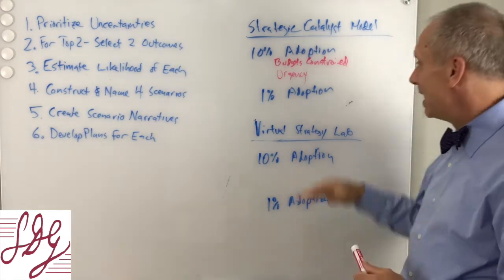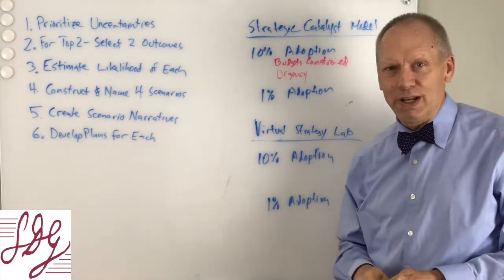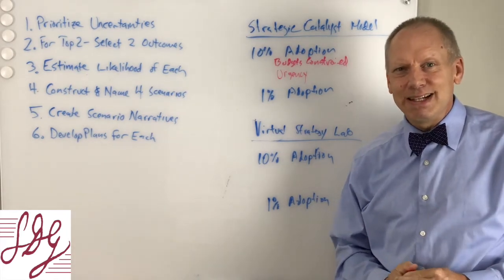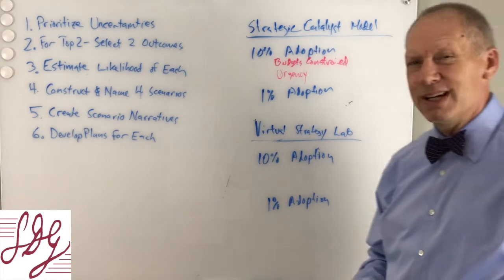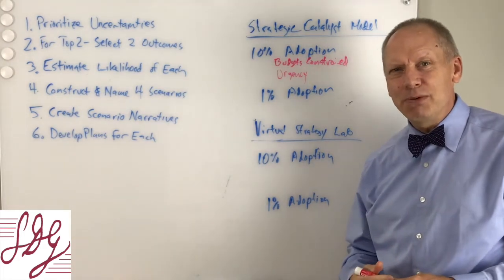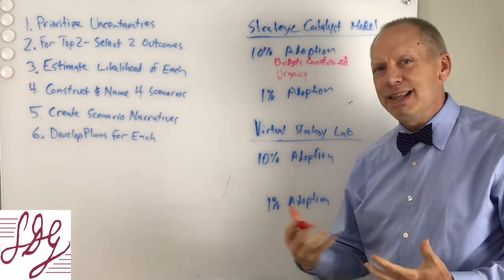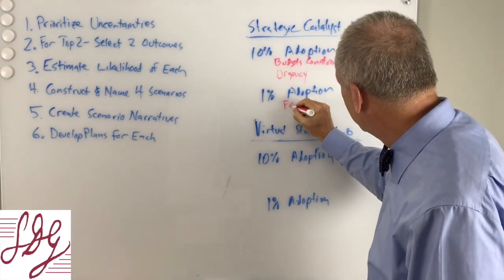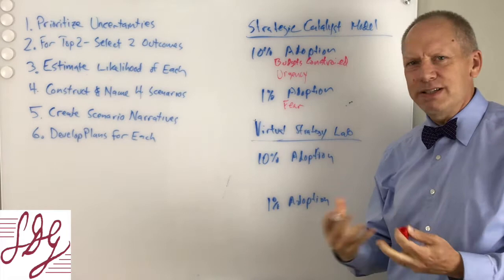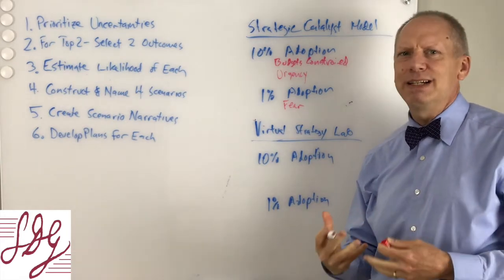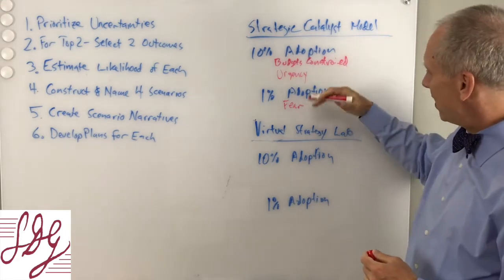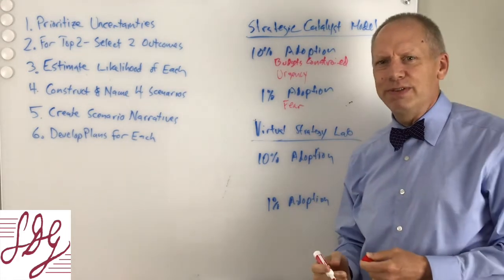On the flip side, what would favor a lower level of adoption? Well, I think there's a lot of fear out there, and when people have a lot of fear, that drives them back to the traditional model. Fear is an inhibitor to taking risks and trying new things. So that would favor a lower level of adoption.